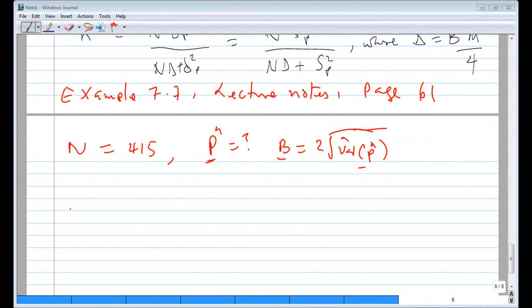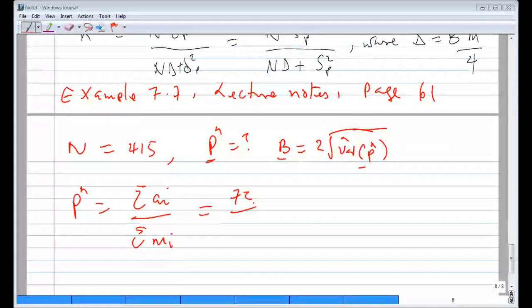But you know how to find p-hat, isn't it? It's the summation of a_i over the summation of m_i. They have already calculated everything for you. What is the summation of a_i? 72.